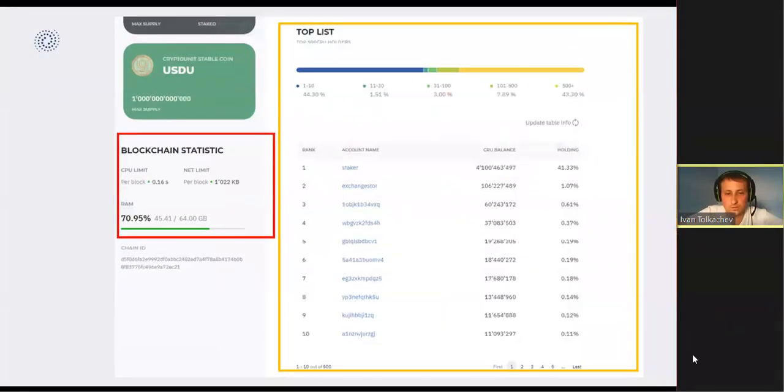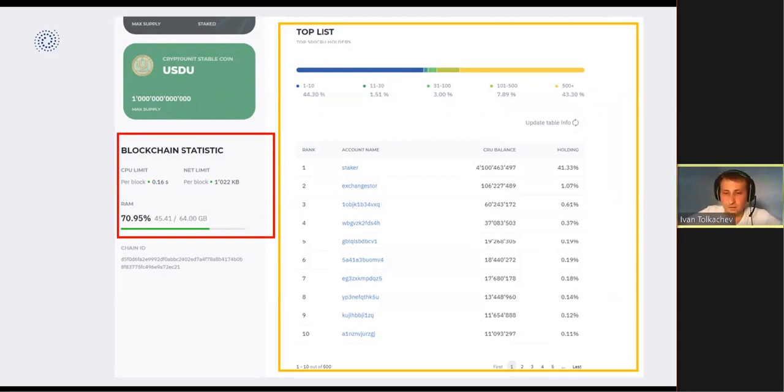But here, please note, there is the percentage, 71% of RAM, meaning that on blockchain, there is 64 gigabits of memory, and 71% is full, is occupied. Then I will explain what it will influence.